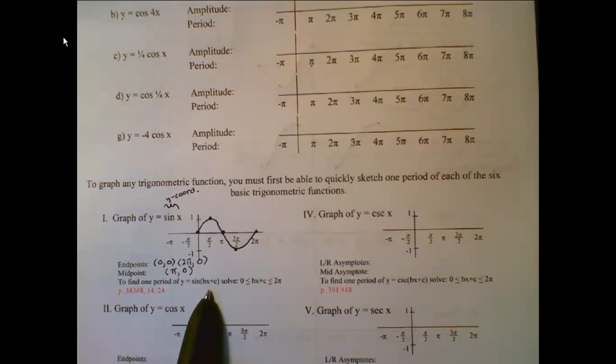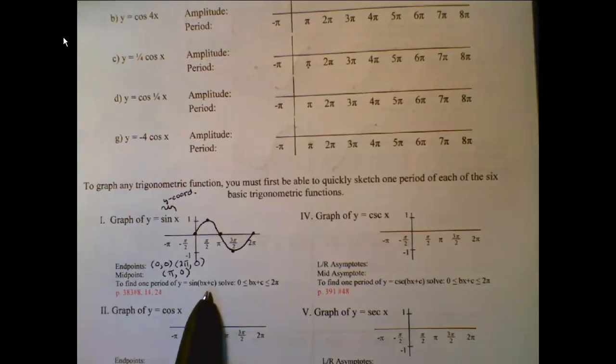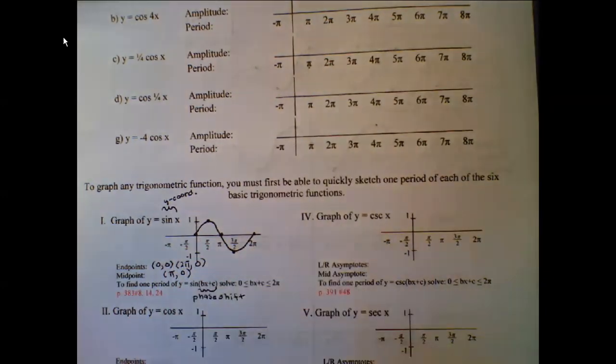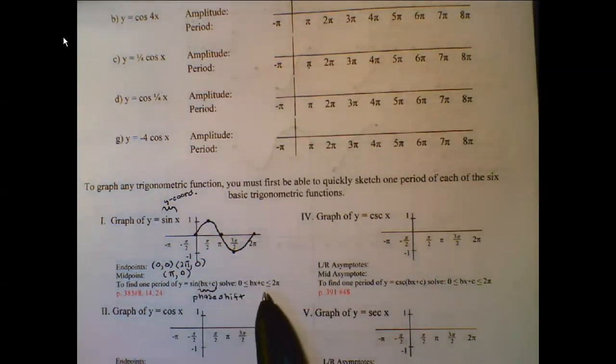By the way, that's called your phase shift. To find your phase shift, we're just going to set the argument, the bx plus c, whatever it is, between the normal endpoints of sine, which are at 0 and 2 pi.